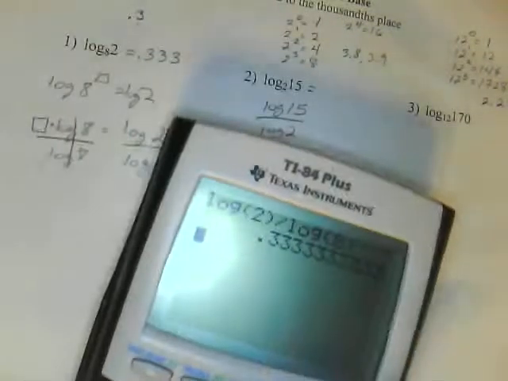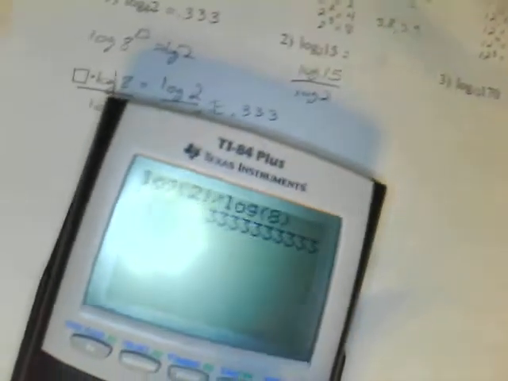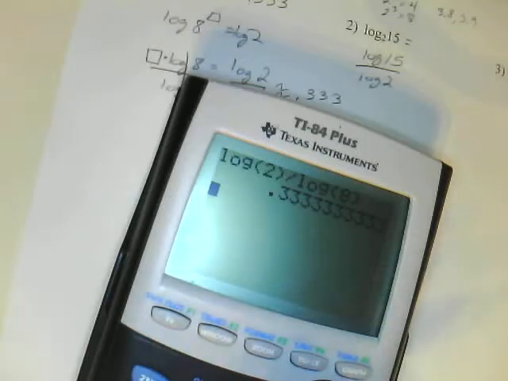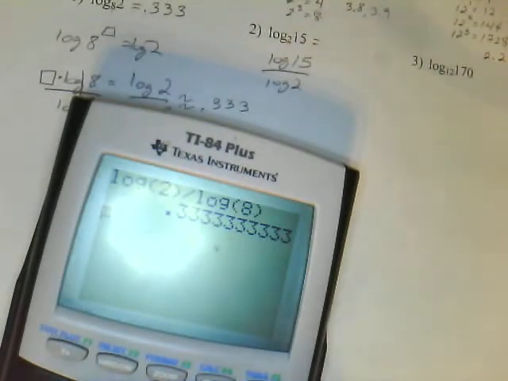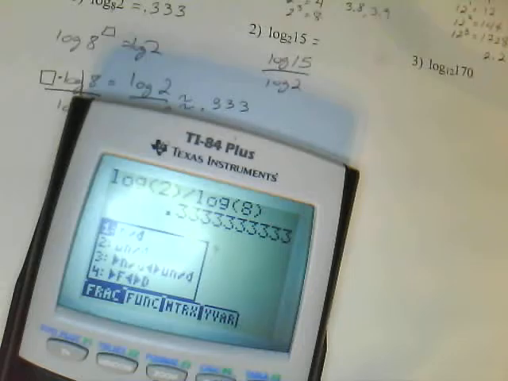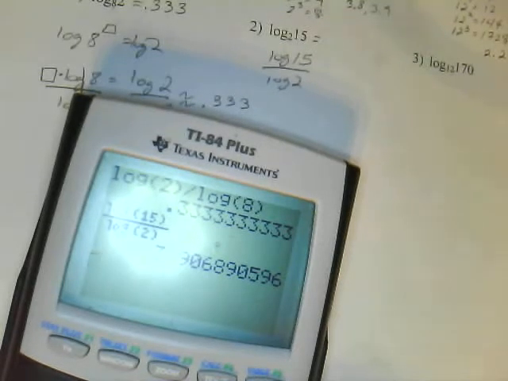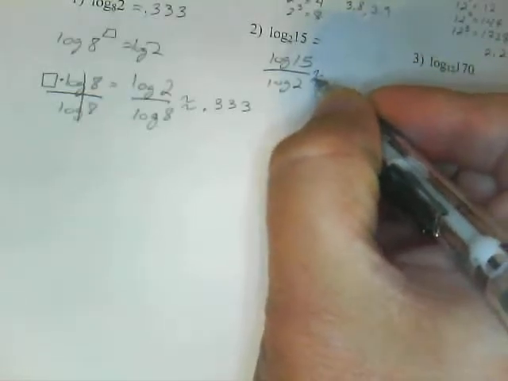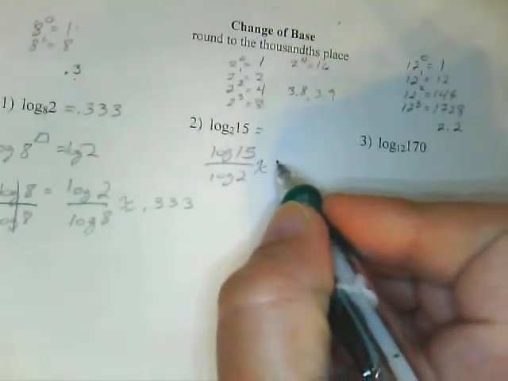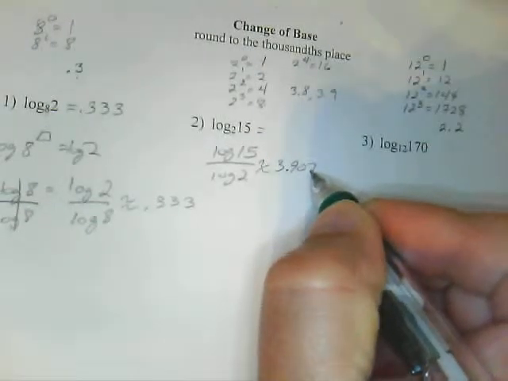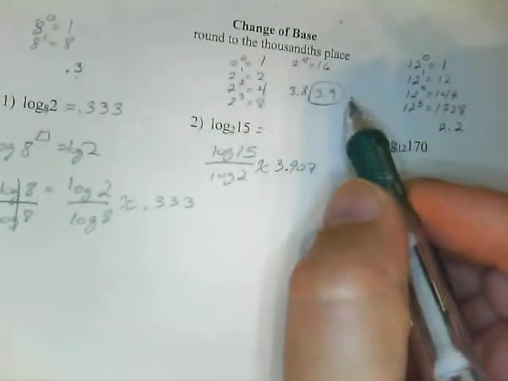And with my calculator, I'm going to do something a little bit better, which is going to be alpha F1 and go the log of 15 over the log of 2, and that will be approximately 3.907. Notice that my estimate from before wasn't too bad.